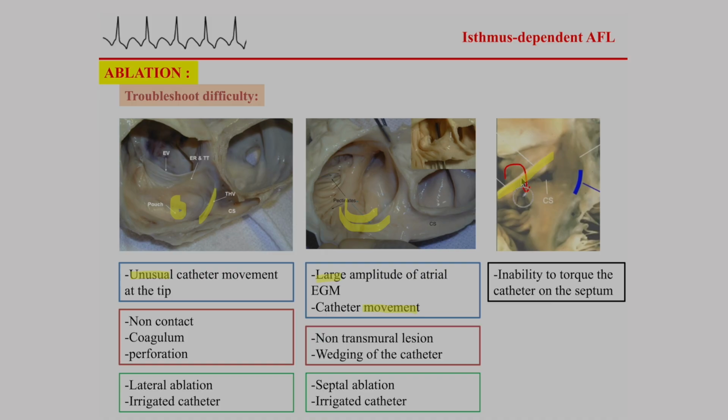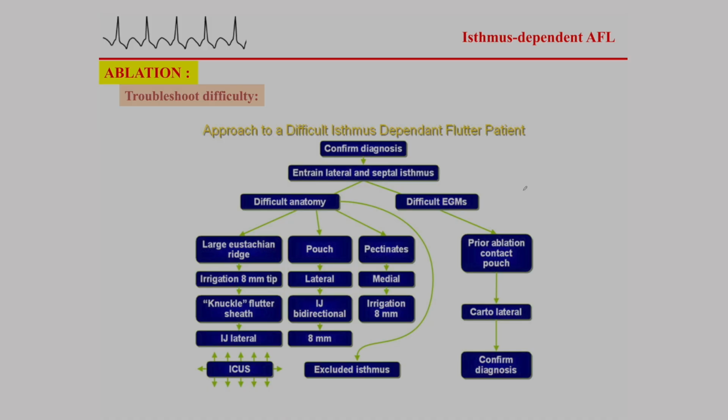Here we will have poor contact in the region between the top of the crest of the eustachian ridge and the CTI, and we should use a given shape here to achieve the ablation in this area.